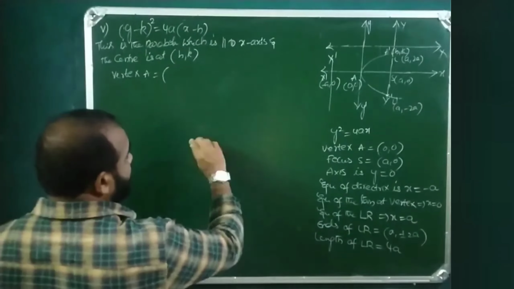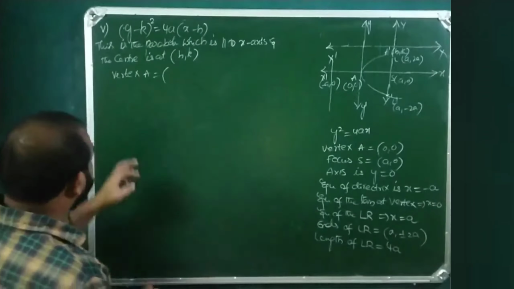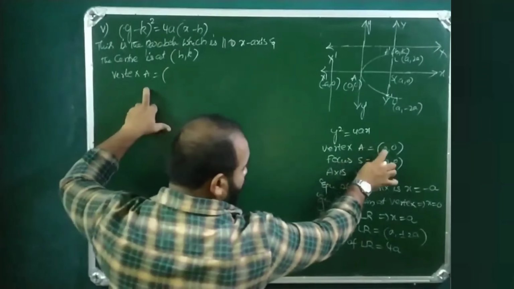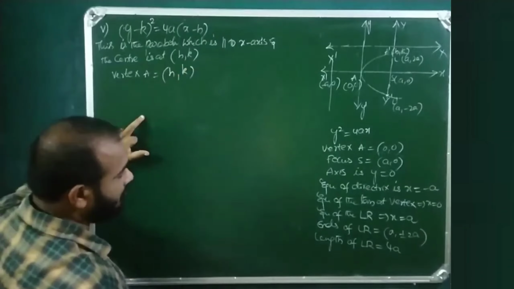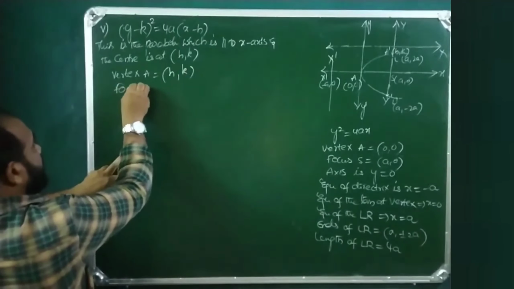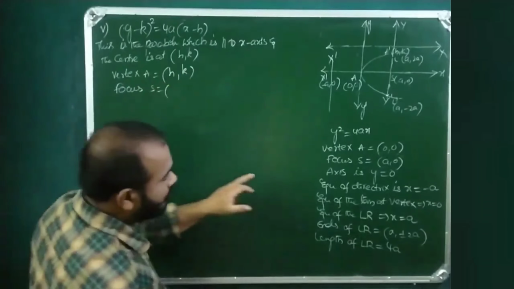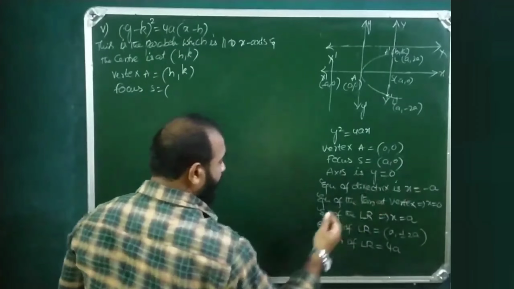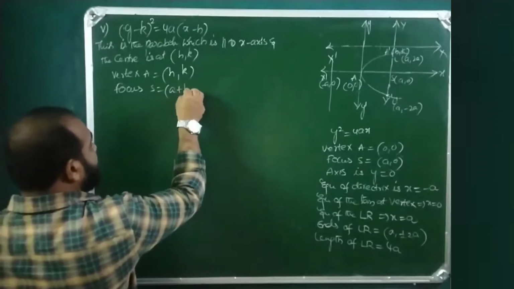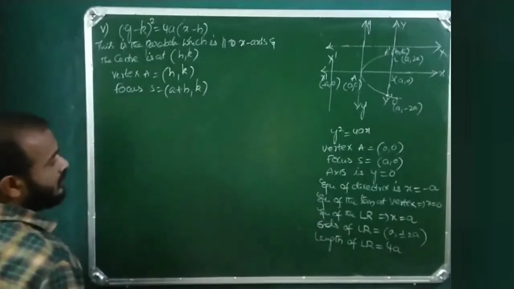So now the diagram is, the vertex A is 0, 0, and h, k will be added: h comma k. Focus S is a comma 0, with a, h, with 0, k will be added. So a plus h comma k.